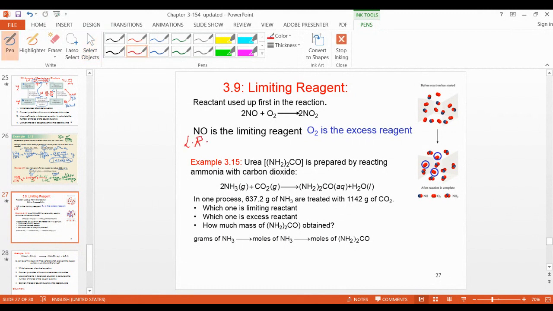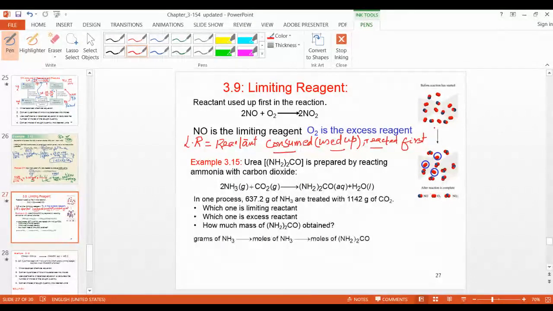The reactant, it is only a reactant, remember that, that is consumed first. Consumed means used up or reacted. All these are the same: consumed, used up, and reacted first in the reaction.